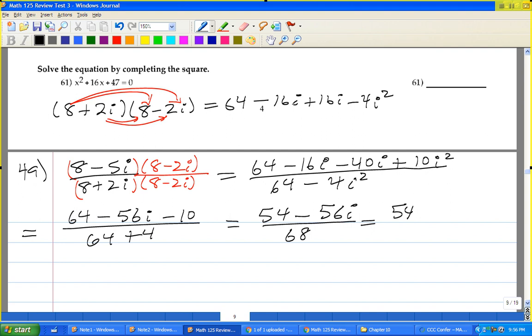And so the middle terms cancel. So you just get 64 minus 4i squared, which is what I got here. Which, of course, i squared is negative 1, so it's really 64 plus 4, which is the 68.